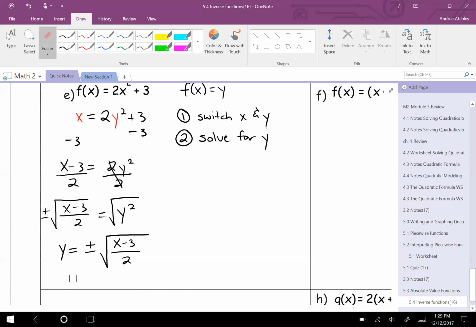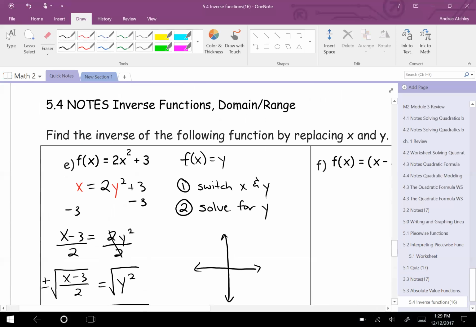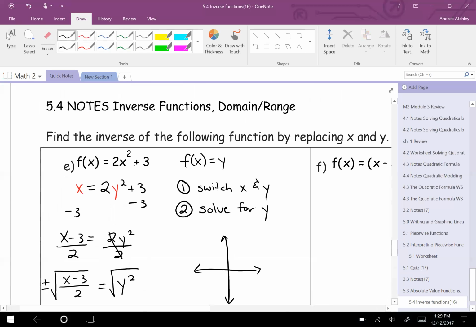Okay, now we're also going to talk about this being a function or not a function. So we're just going to kind of sketch the graphs. If I go back to my original equation, 2x squared plus 3, I can find my vertex here of 0 for x and then 3 for y.